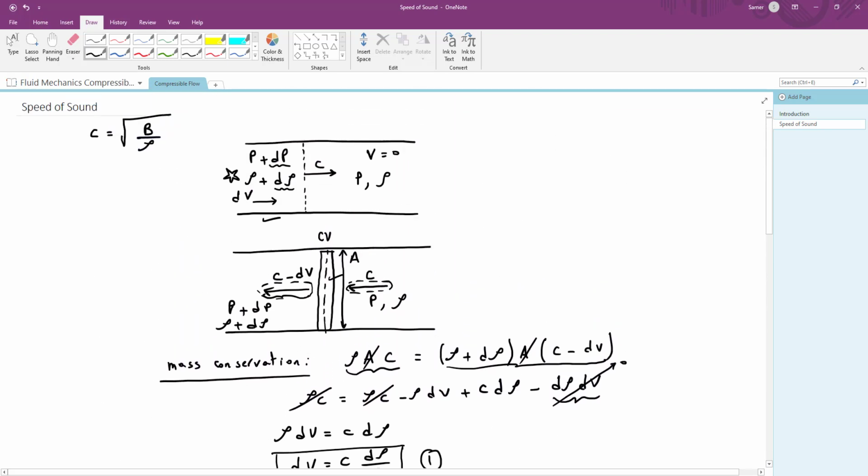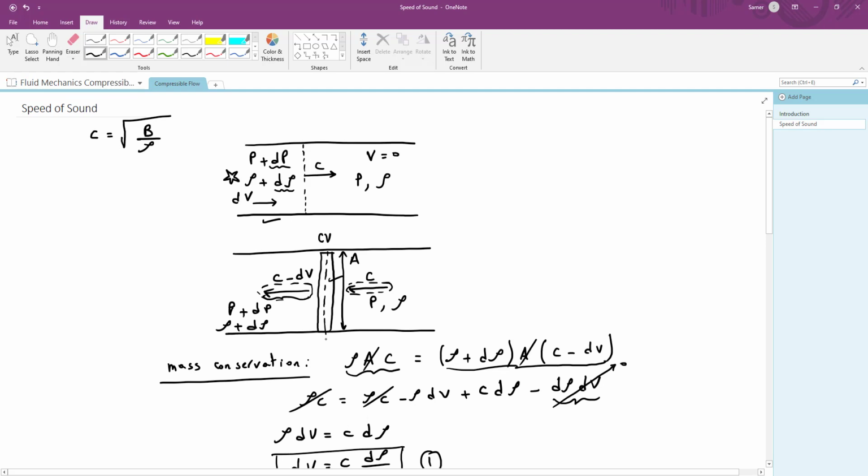Why? Because as we said, the pressure wave here, the sound wave, is very thin, in the order of 10 to the minus 6 in thickness, which means that the frictional forces with the wall can be considered negligible. So this is a frictionless process. And also, due to very small temperature variation, we can assume that the process is adiabatic also, so there is no heat transfer between the control volume and the surrounding.